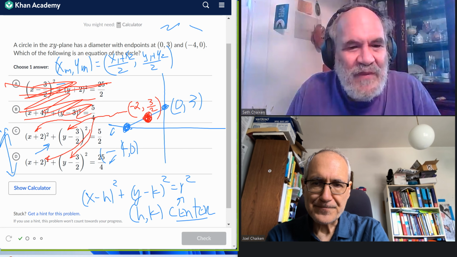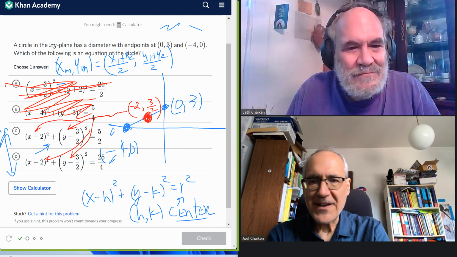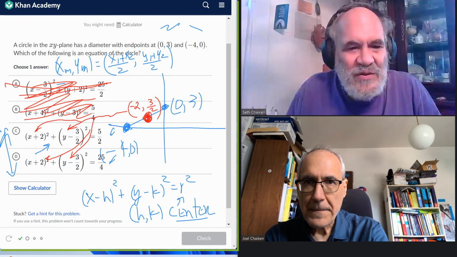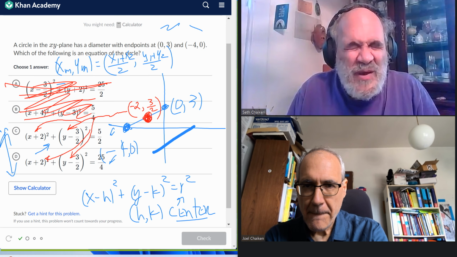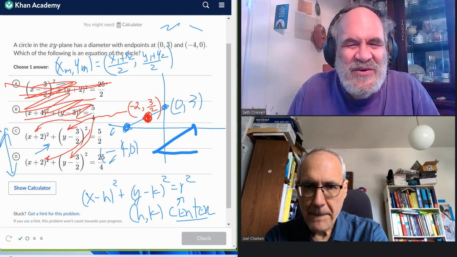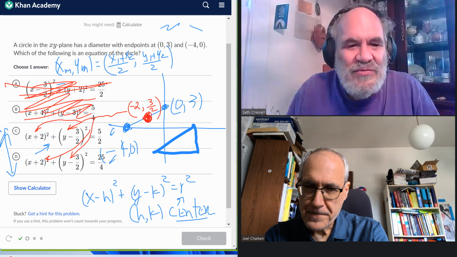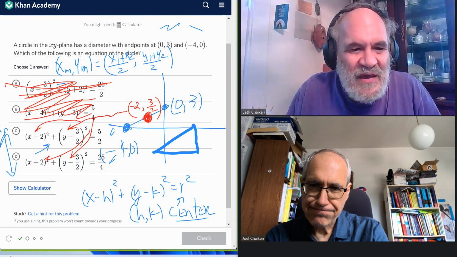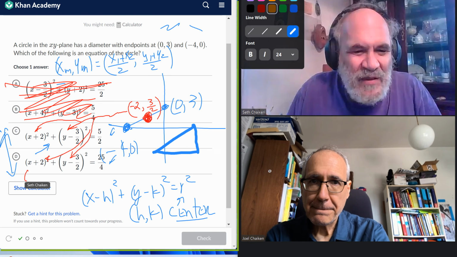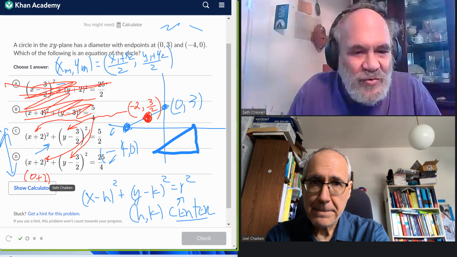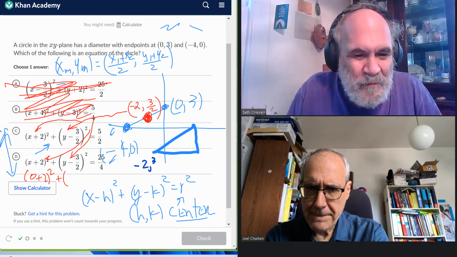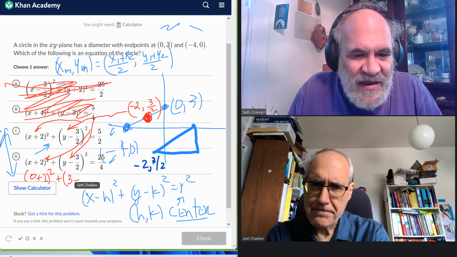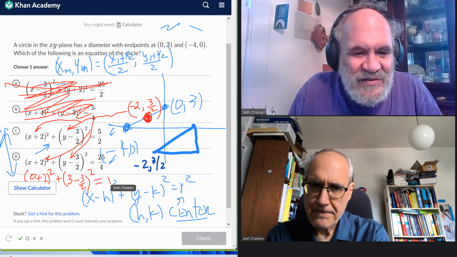So we have to figure out what the radius is, and then we have to square it. Well, you could check it out by substituting one of the points that's on the circle, 0, 3. So let's make x be 0. 0 plus 2 squared plus, the y is 3, 3 minus 3 halves squared equals the radius squared.